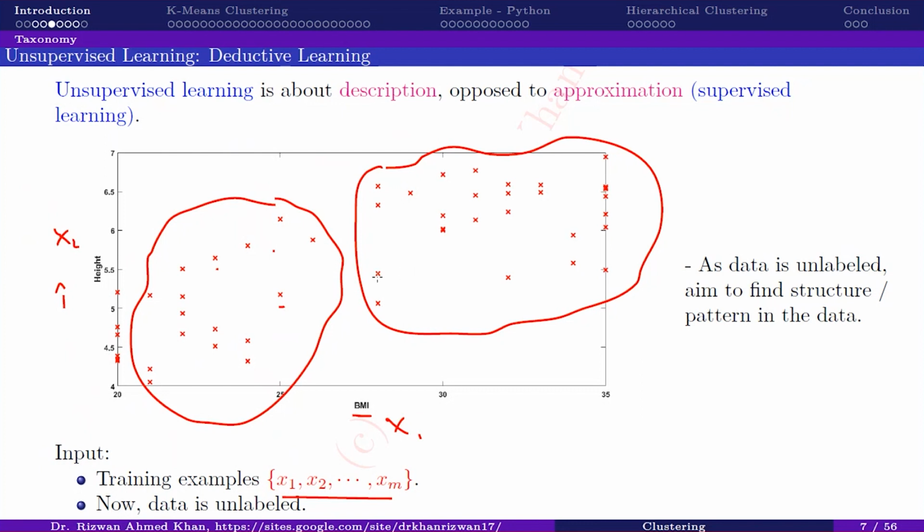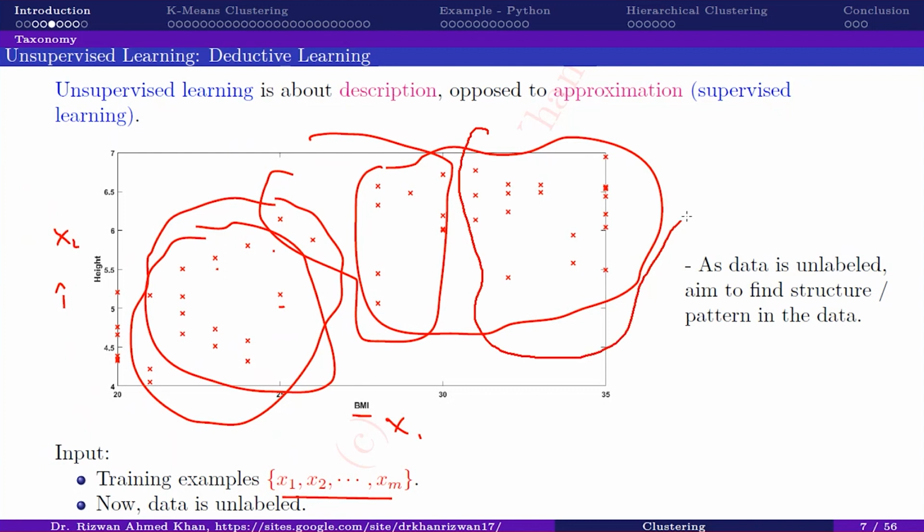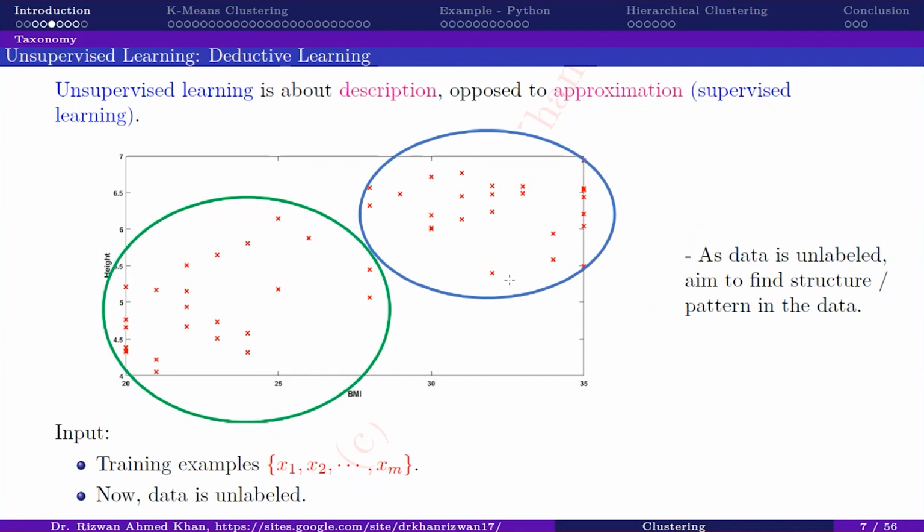But someone can say that probably there are maybe three clusters in the data set. But this is the basic idea of clustering, K-means: to find patterns and find clusters, or the data points that are together, that are similar. We will see what I mean by similarity, but this is what the unsupervised learning intuition is.